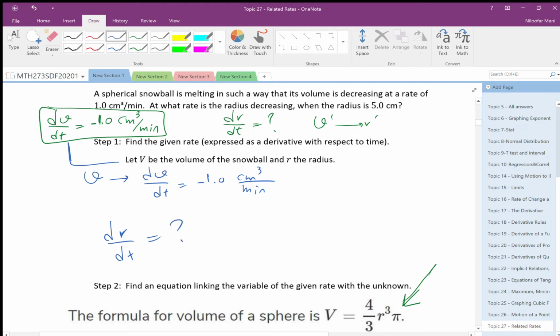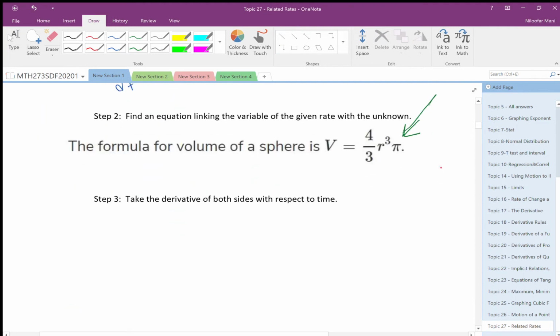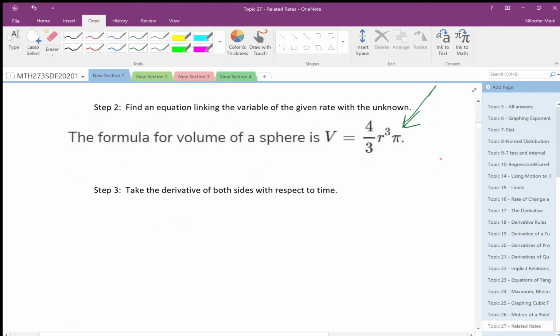So I tell you what is the formula, so you have to know it, or the formula will be given to you. This is the formula. The formula for volume of a sphere is this. Now, step by step, you have to do derivative of both sides, and both of them with respect to t.